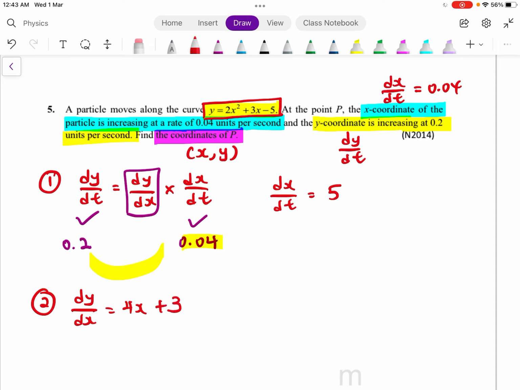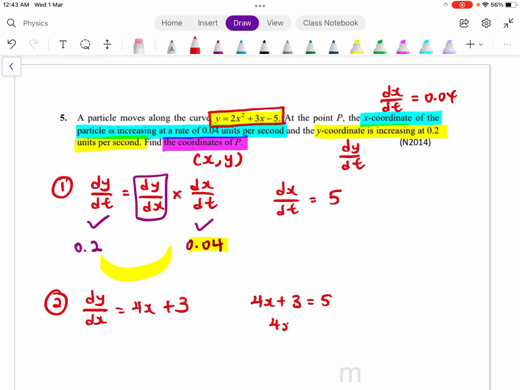Since I know that dy/dx is equal to 5, you just equate: 4x plus 3 is equal to 5. So 4x is equal to 2 and x is equal to 0.5. Now we already know our x coordinate is 0.5.